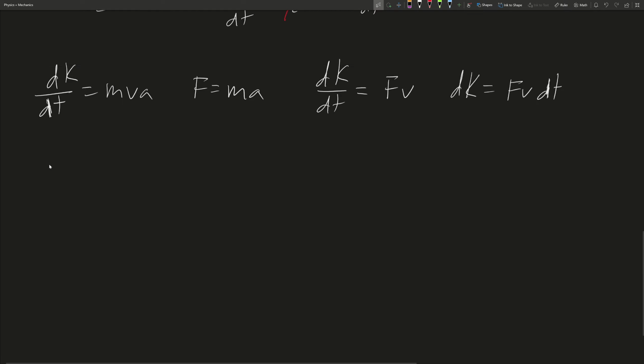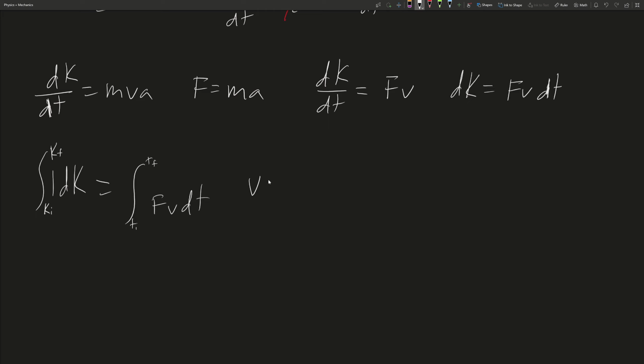Now, if we integrate both sides of this, we know that the integral of 1 dK from initial K to final K is equal to the integral from initial time to final time of force times velocity dt.